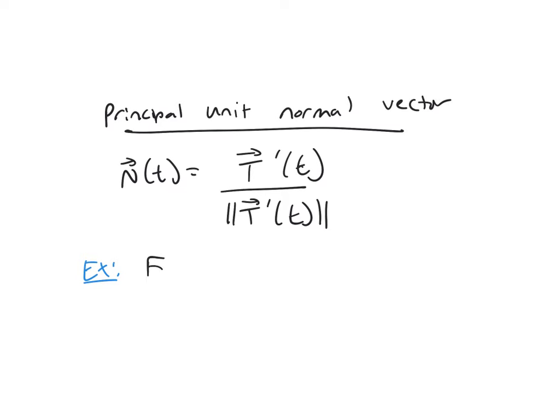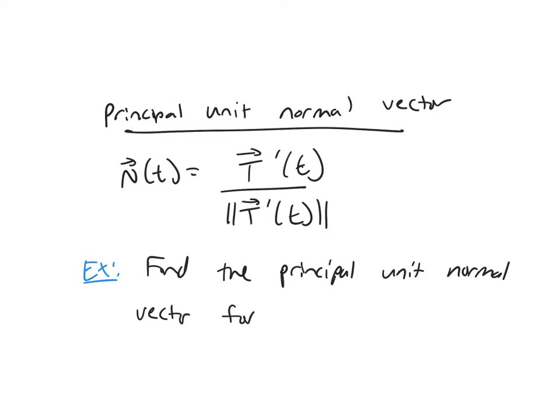Let's find the principal unit normal vector for the vector valued function 2 cosine t i plus 2 sine t j plus t k.